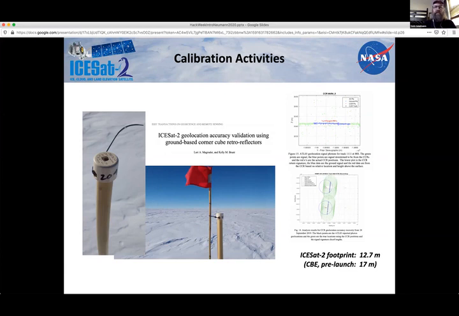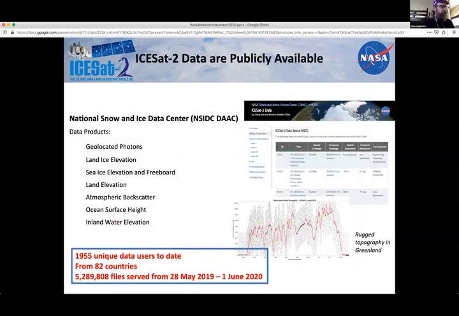And at the same time, you see all of these little red dots that are higher than the surface at exactly the height that the corner cube was placed. So that allows us to get a check on our geolocation. We surveyed in the location of each one of those cubes, and we can compare the latitude, longitude, and elevation, but especially the latitude and longitude of those cubes between the ICESat-2 data and our ground-based GPS data. Let's go on to the next slide if we can.